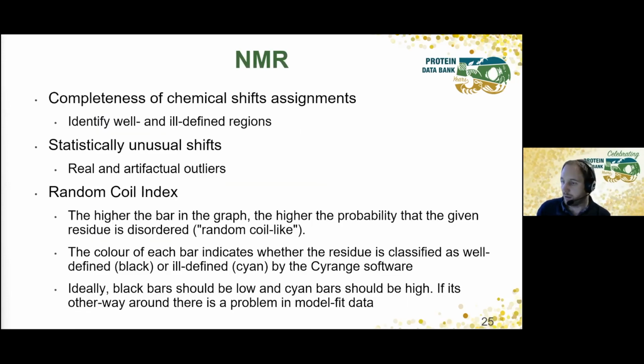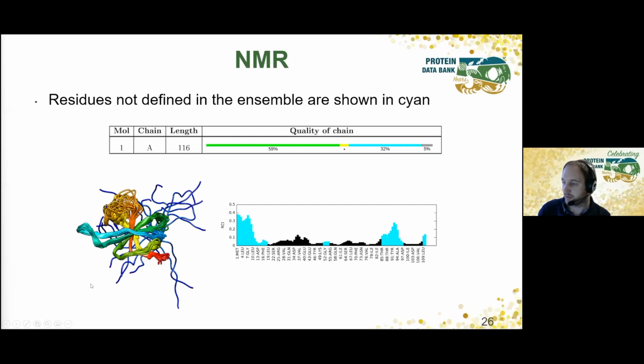Similarly for NMR, we provide the completeness of the chemical shift assignments. We present statistically unusual shifts and something called the random coil endings, so parts of the structures that are disordered, and these are highlighted in cyan when they don't have a defined region. I'll show an example of that.